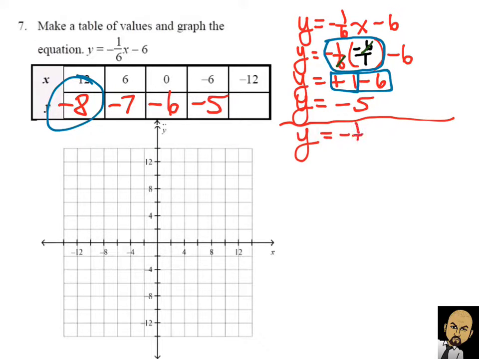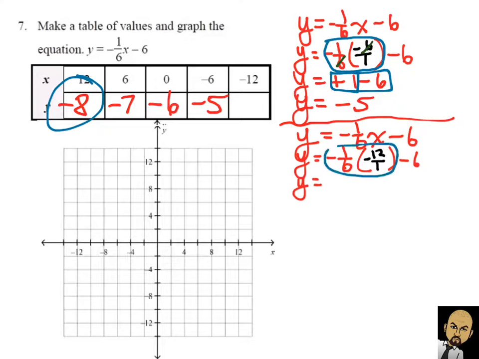Our last value that we're going to substitute is negative 12 for x. And we end up with negative 1/6 times negative 12 over 1 minus 6, instead of negative 1/6 times x minus 6. A negative times a negative is a positive. And you can see that the 6 goes into 12 two times.